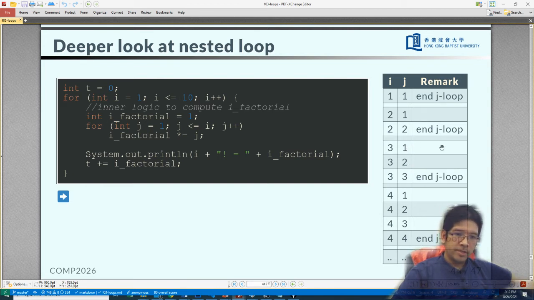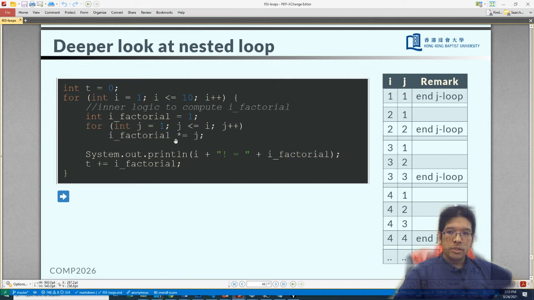Let's try to trace this part. When i equals 3, assume i equals 3 at this point, that changes this part of code into for j equals 1, j less than or equal to 3, j plus plus. Now remember, j starts at 1 again when you just entered the loop. i factorial was reset to 1 at the beginning.